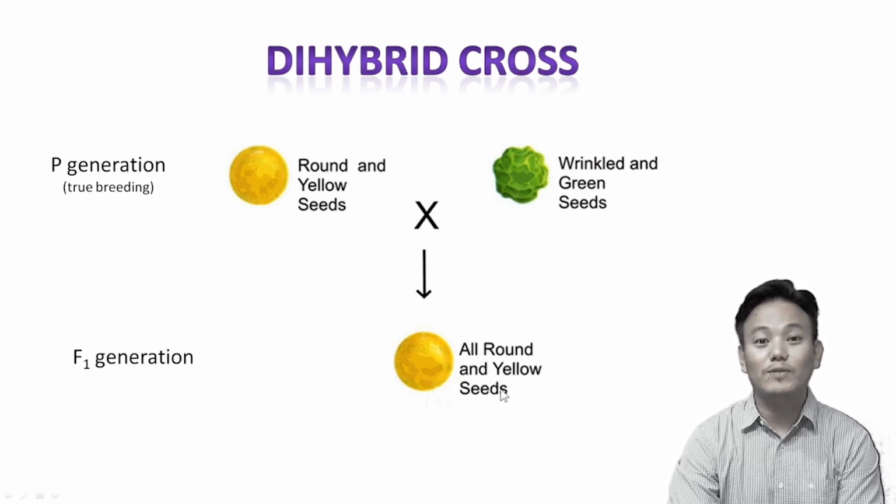So how did he go about explaining this observation or his result? First he has to write down the genotypes.